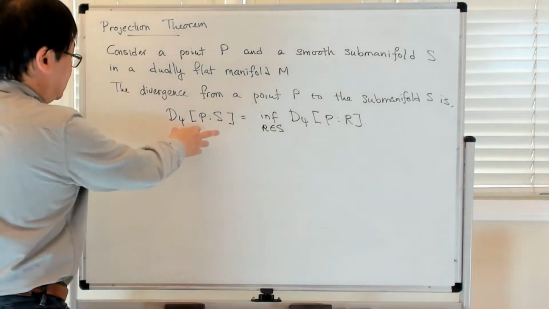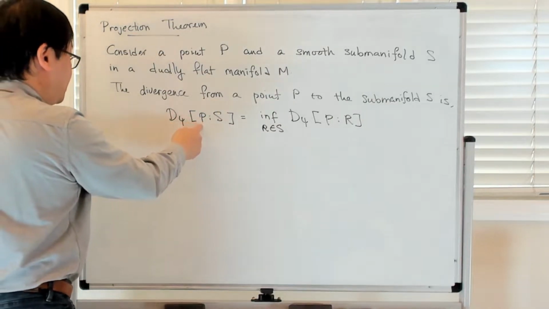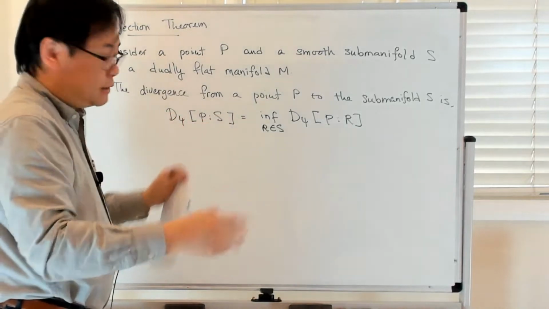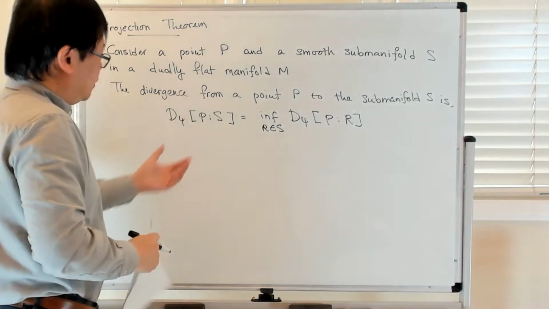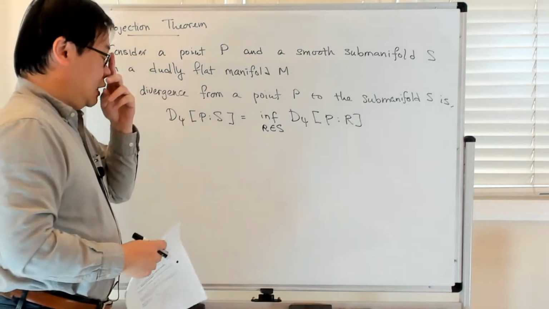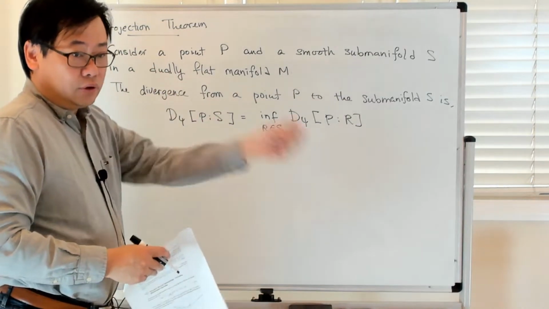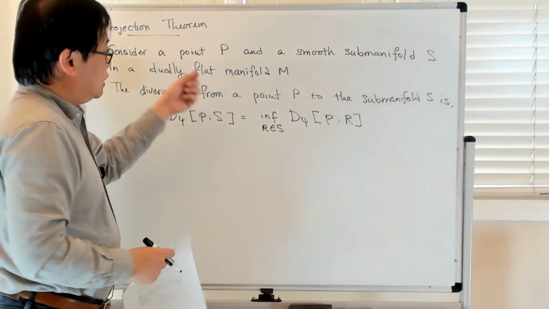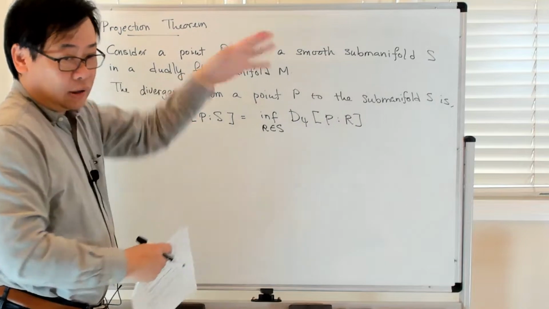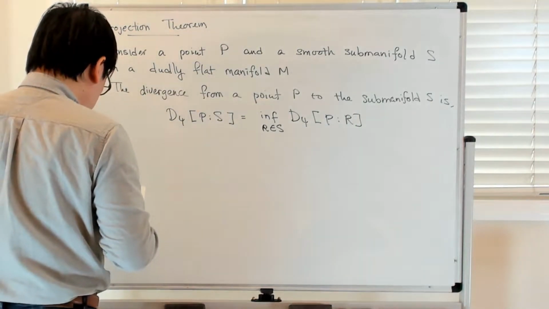And that is the definition for the divergence from P to the submanifold S, right? So this is sort of the usual thing you would expect if you were, say, given some notion of a distance in some space, and you want to then extend that notion of distances between 2 points in that space to a distance from 1 point to some subset of that space. Okay, so this is sort of the natural thing to do.